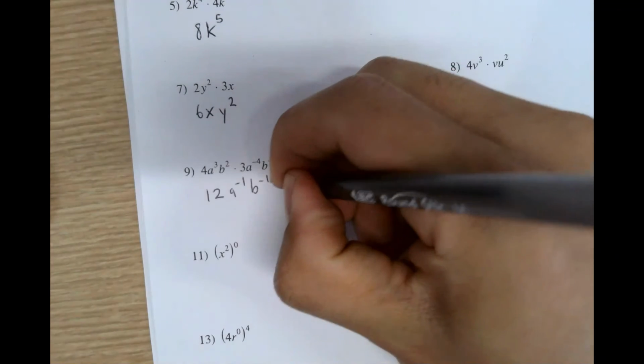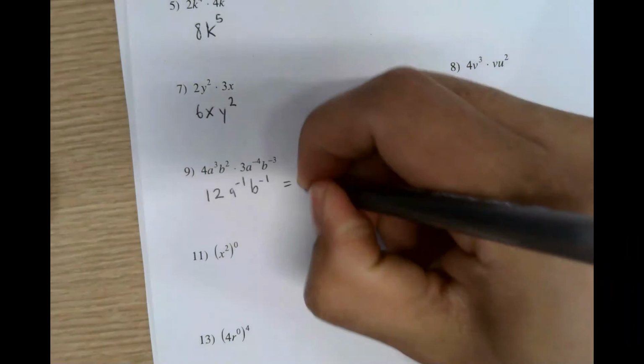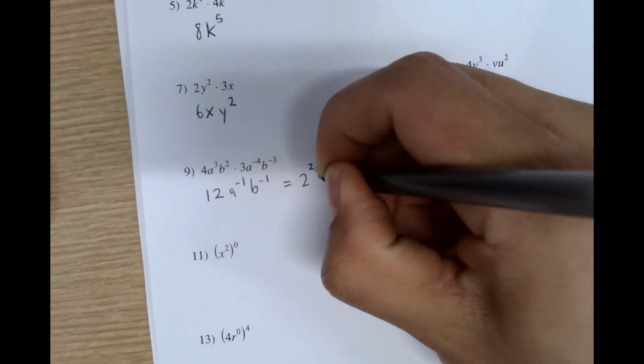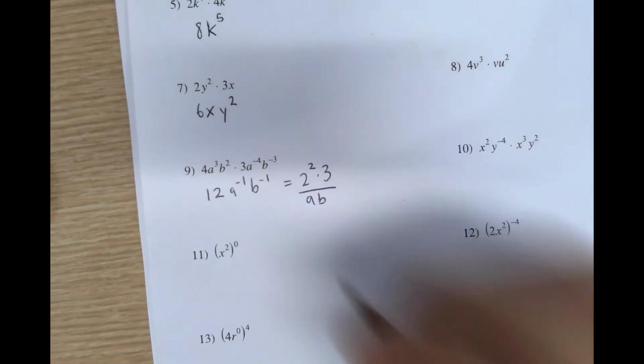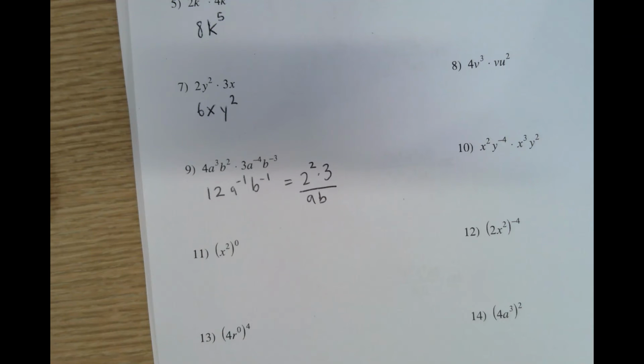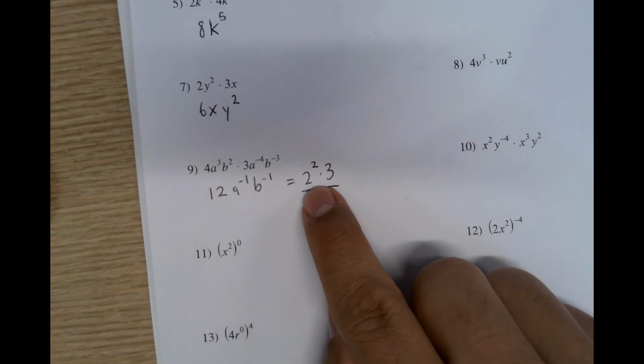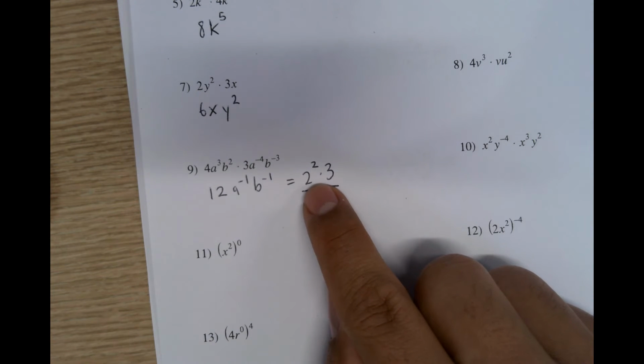You can see here that if they asked us to write this in only exponential form, if you want to practice, you could say that this is 2 to the 2nd power times 3 divided by a times b, right? Because the a and the b are actually being divided because they're to the negative power. And also, 4 is the same as saying 2 to the 2nd power times 3.